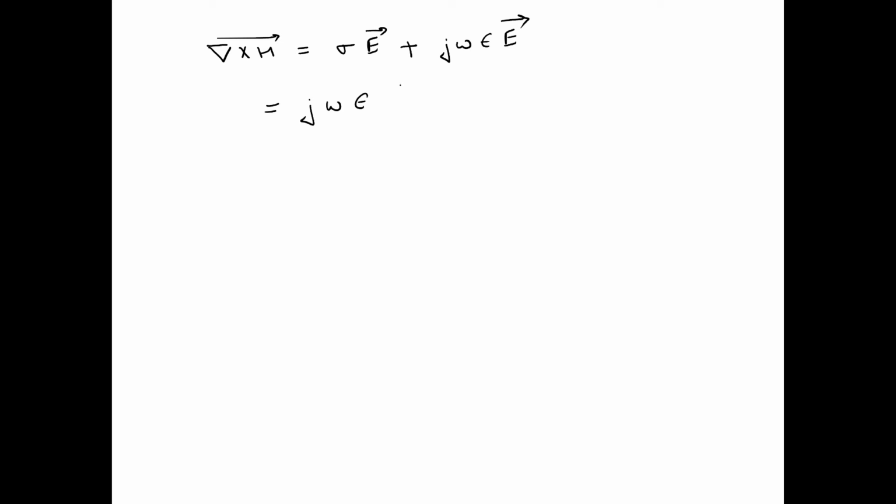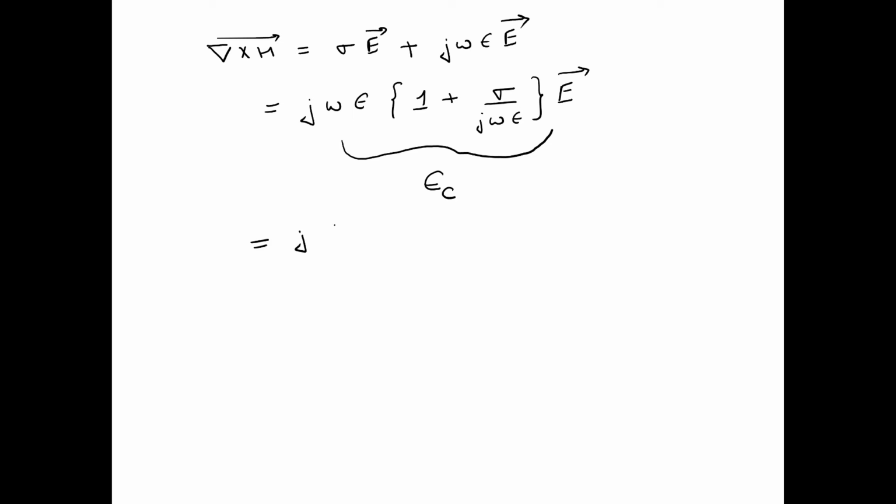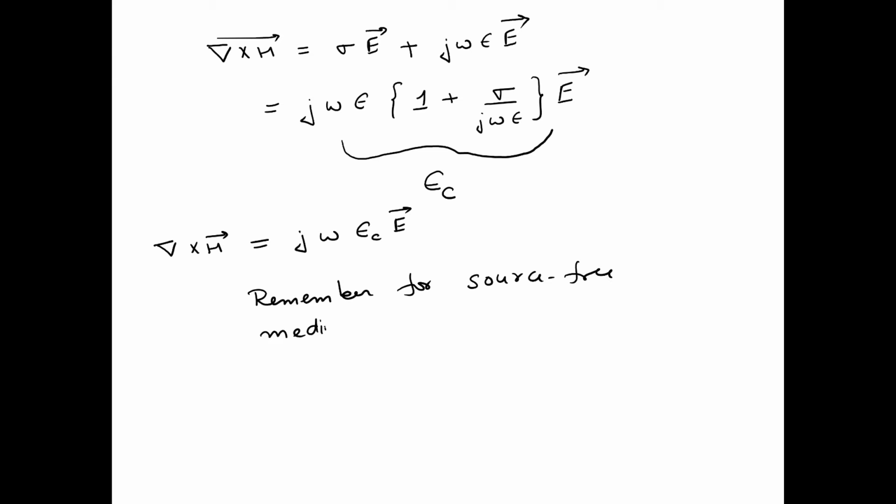I get j omega epsilon times (1 plus sigma by j omega epsilon) E. One thing you notice very quickly here is if I call this a single term, let's call it epsilon for a conductor, this equation boils down to del cross H equals j omega epsilon conductor E. And remember, for a source-free medium, the analysis we had done was del cross H is j omega epsilon E. This is the equation we had used to get to the Helmholtz equation.